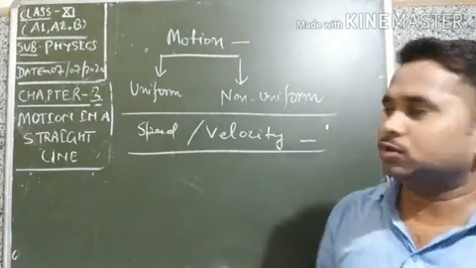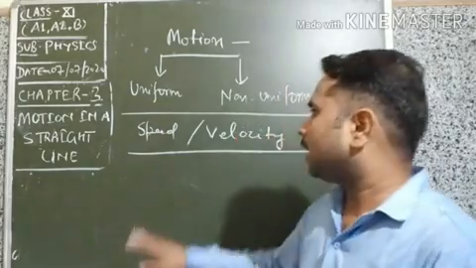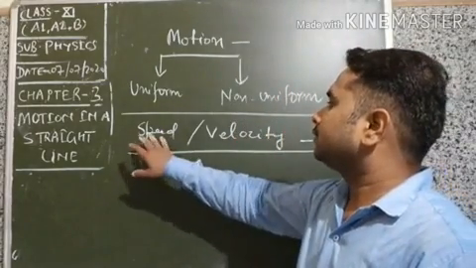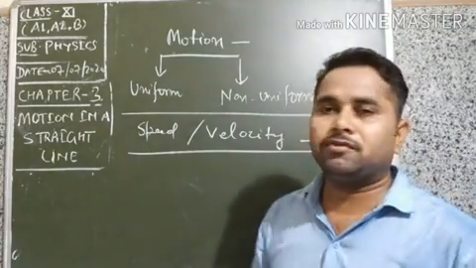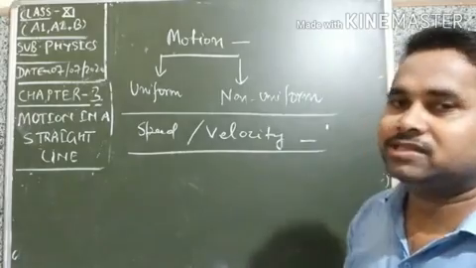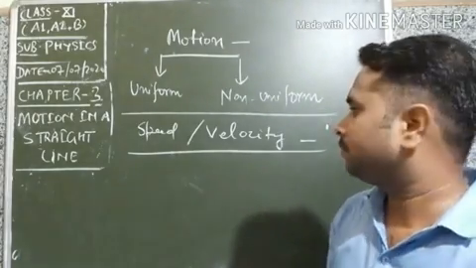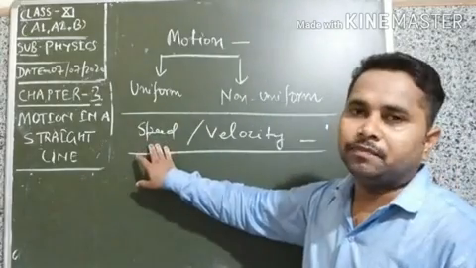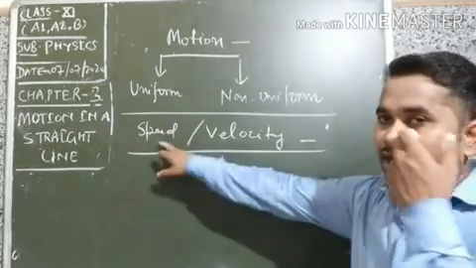It is also a scalar quantity and its SI unit is meter per second, and speed can also be expressed as the ratio of distance traveled by the body to the time taken to cover the distance. So this is about the speed. Again, speed may be 0 or positive. It is a scalar quantity.